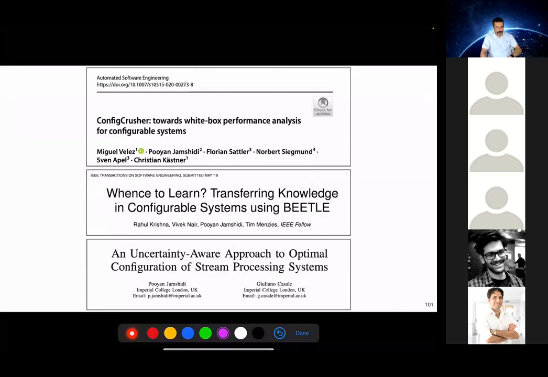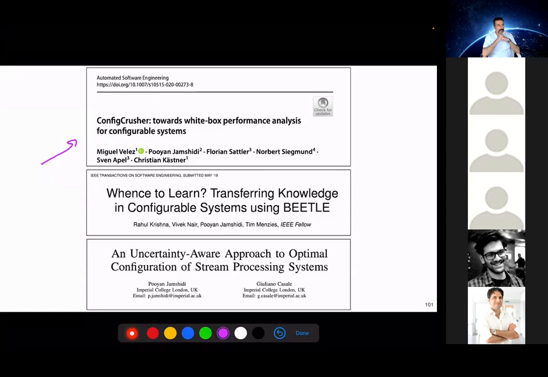I have to mention there are some other lines of work. Especially, I would like to highlight Miguel's work on white box analysis. He's doing some very fantastic research in terms of white box analysis, which is somehow a different direction than what we have been doing in terms of black box approaches.